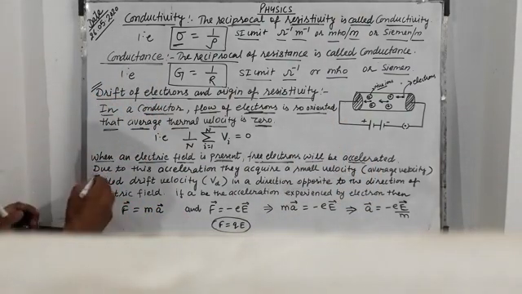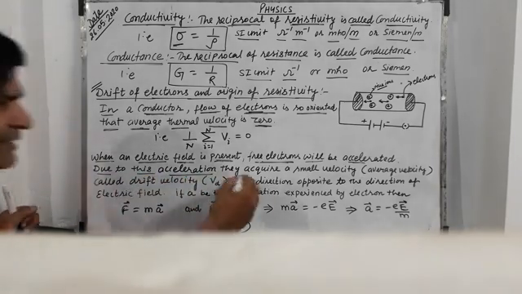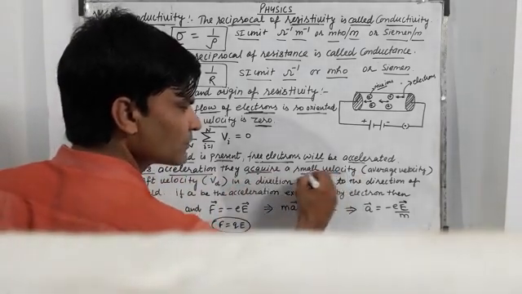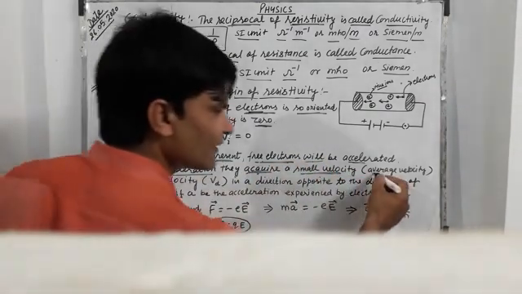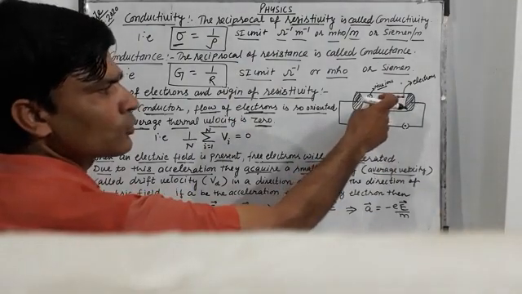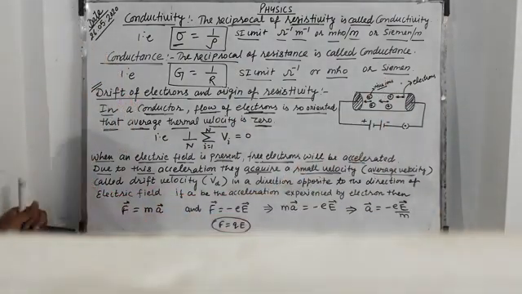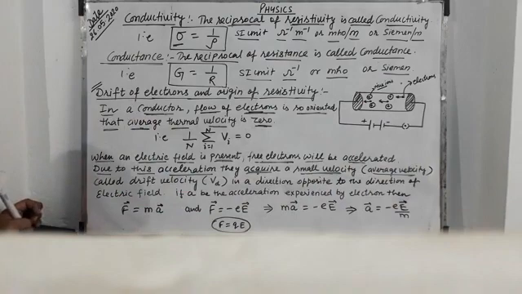Now, due to this acceleration, they acquire a small velocity, and this small velocity is an average velocity, because the electrons collide with positive ions a number of times and acquire an average velocity.